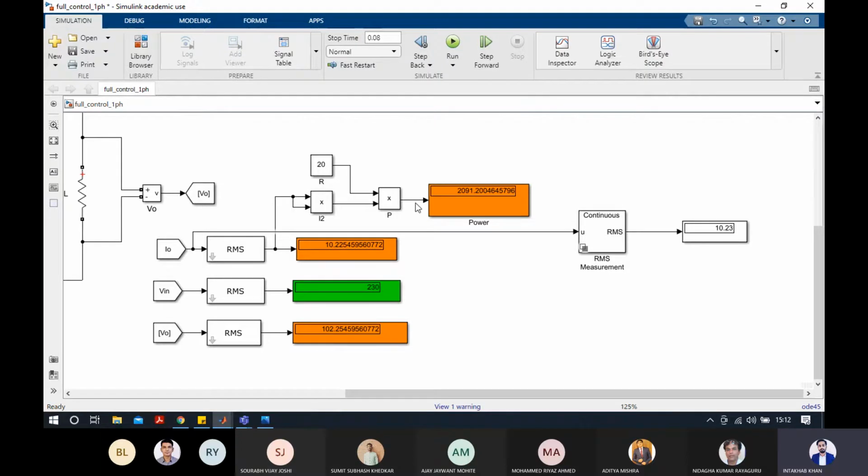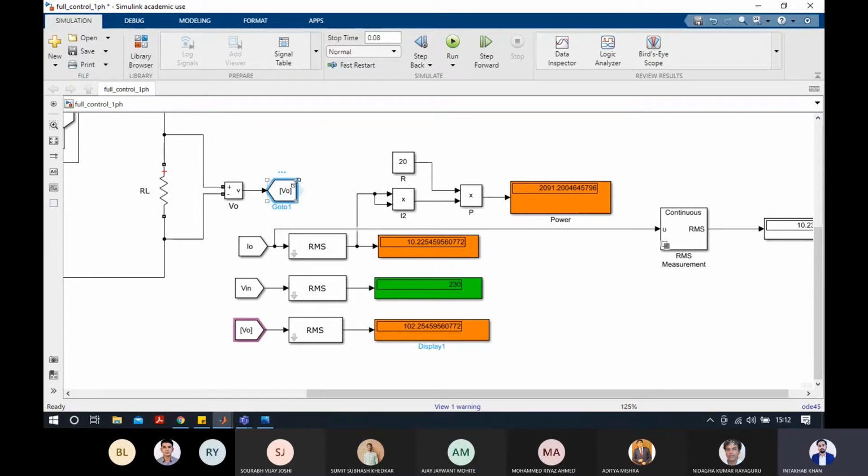I have explained how you can get the power, that is I square R, where I is multiplied twice into R, which results in power. This is the RMS voltage of the output voltage, 102.254, because the output voltage is taken as the input of this RMS block, which is shown in this display.